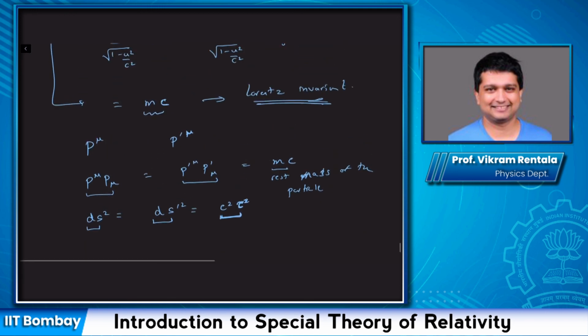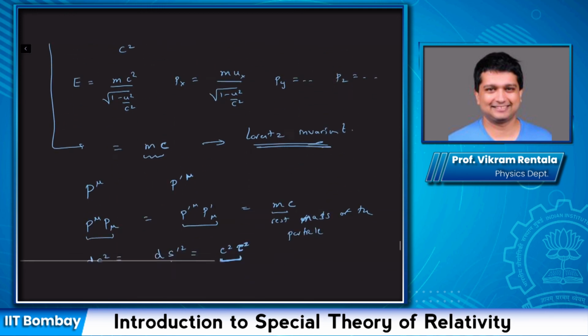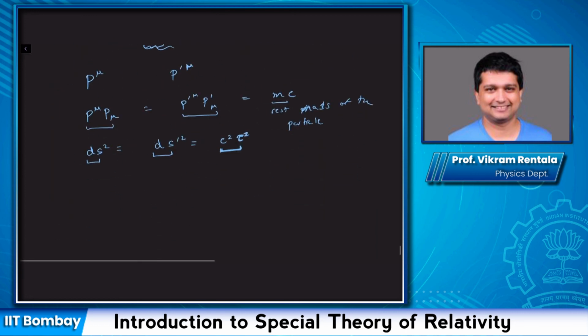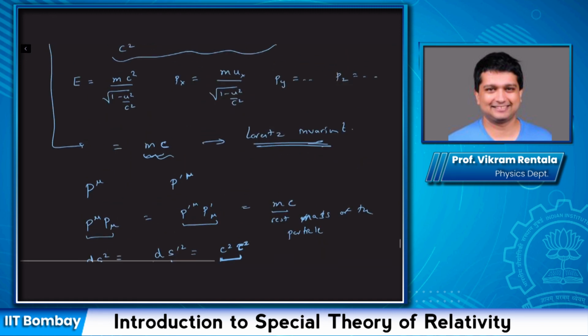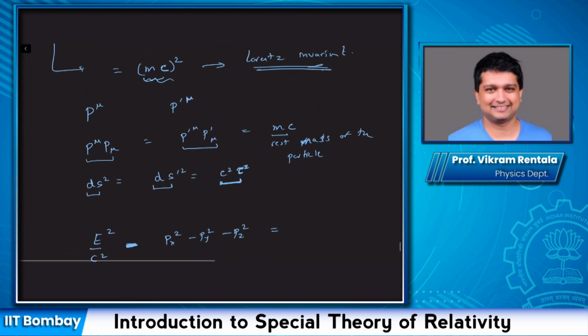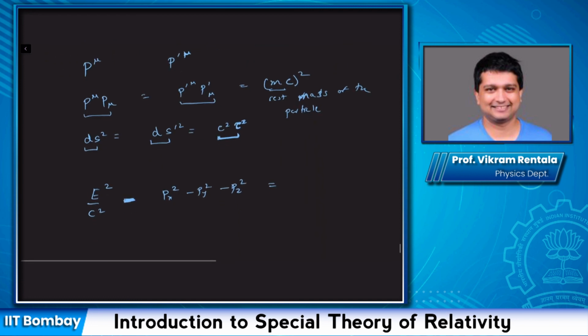Now if we write this out explicitly, the relation that we found is E square by c square minus px square minus py square minus pz square is, sorry, I made a mistake here, this is m times c the whole square.